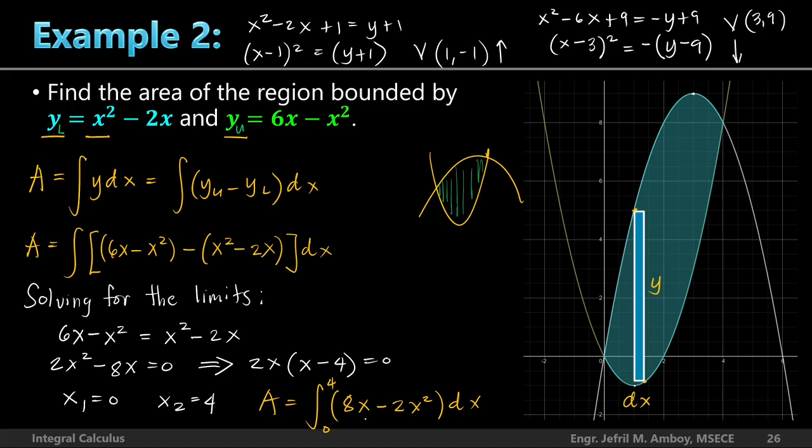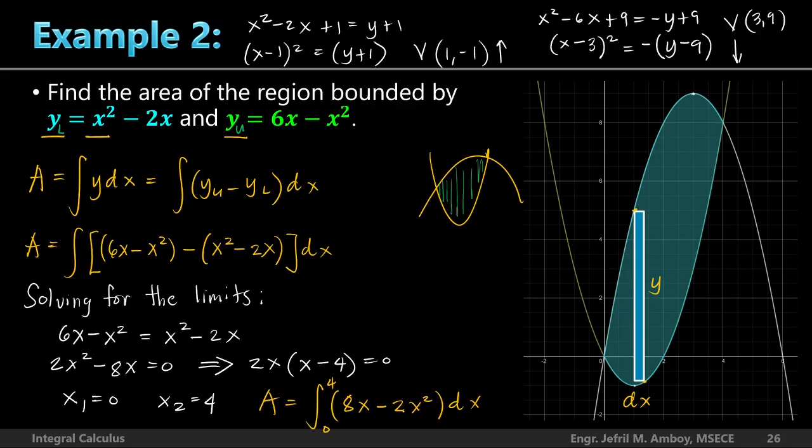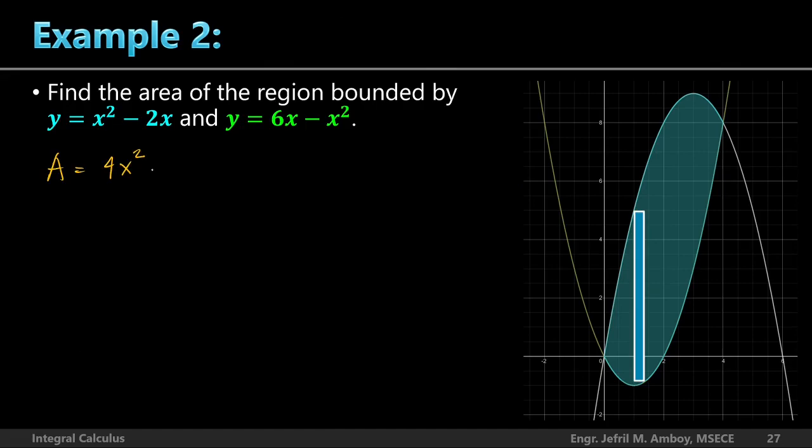Pag in-integrate natin to, ang makukuha natin is 8x squared over 2, or that is simply 4x squared. Sulat natin, the area is 4x squared. Tapos, pag in-integrate mo to, magiging 2/3 x cube yan. Minus 2/3 x cube. And this is what we will evaluate from 0 to 4. Lower limit, upper limit.